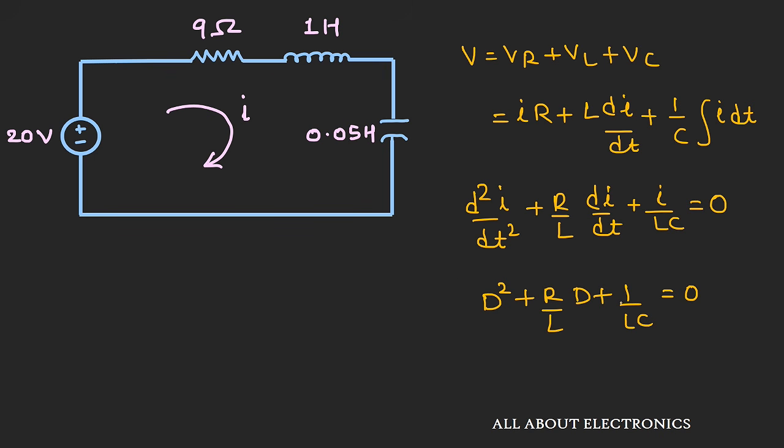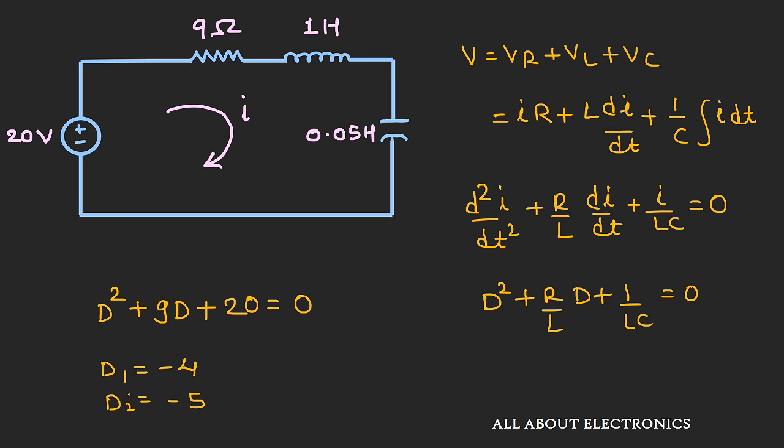Now if we put the values of R, L and C inside this equation, then we will get D² plus 9D plus, if we put the value of C as 0.05, then we will get 20. So D² plus 9D plus 20 is equal to 0. And if we solve, then we will get the value of D1 as -4 and the value of D2 as -5.